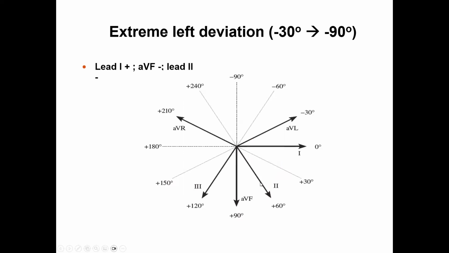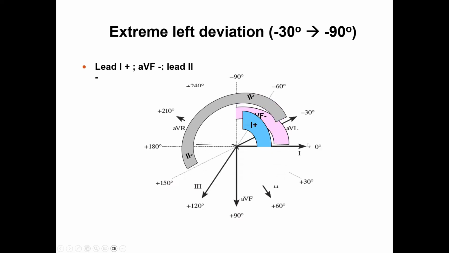Okay, let's look at the extreme left deviation. What does it mean? The extreme left deviation means we are between minus 30 and 90. We are on the left side, yes? So lead 1 has to be positive. AVF should be negative because we are on the top. And the common part, for sure, is between 0 and 90. And which lead will tell you whether you are here or there? Lead number 2. Lead number 2 has to be negative, and that means you are between minus 30 and 90.